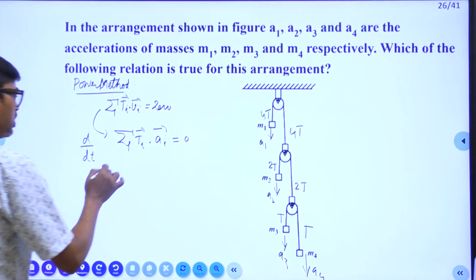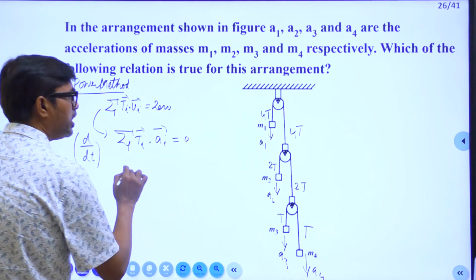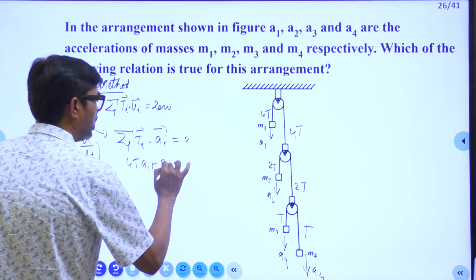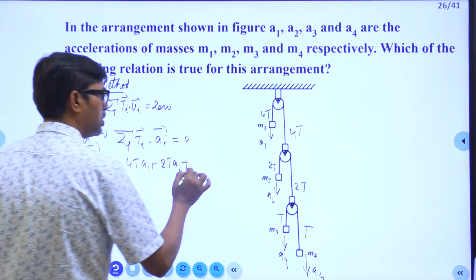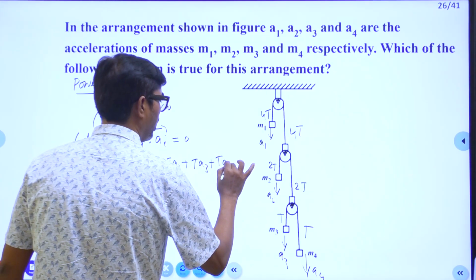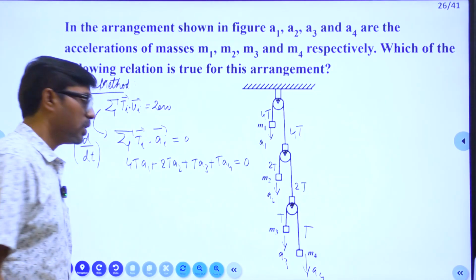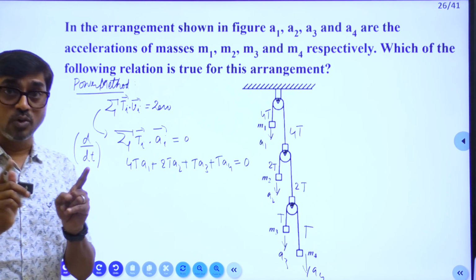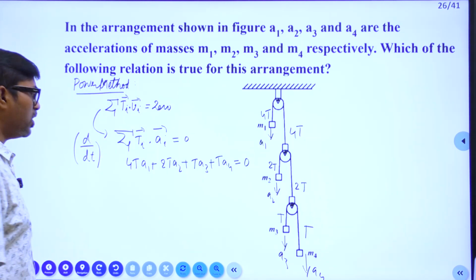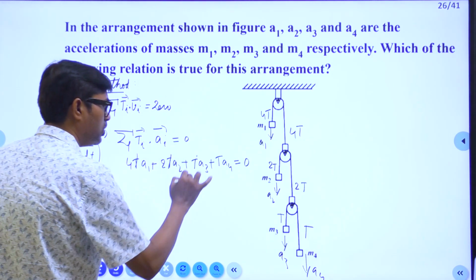Now if I write it, what do I get? 4T into A1 plus 2T into A2 plus T into A3 plus T into A4 equals 0. Only the power method works when T is not 0. If T is not 0, tension can be cancelled out.